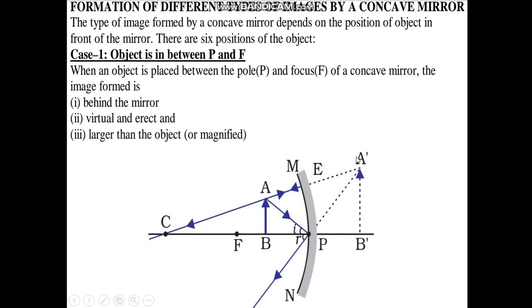So image formation will be here, that is behind the mirror. So the image is behind the mirror. Virtual means they are not actually meeting. Erect means not upside down, this is erect, and larger than the object. You can see this is the object side and this one is the image side.